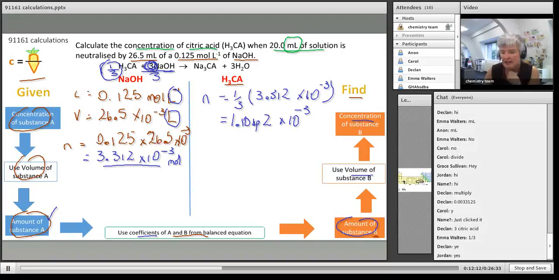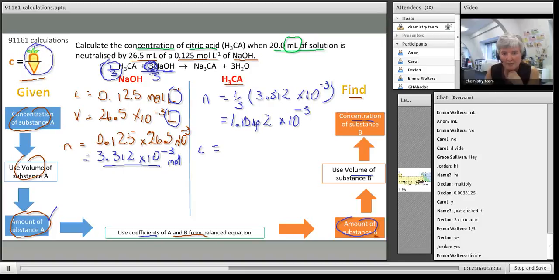So do I say C is equal to N times V or N over V? What is it? As I say, try and remember that caret in your head. Do I multiply or divide? I divide, correct. So if you remember that caret, then it's my moles over there.